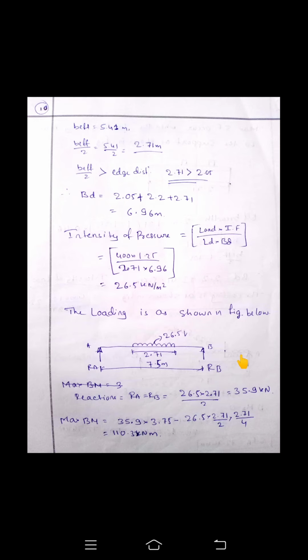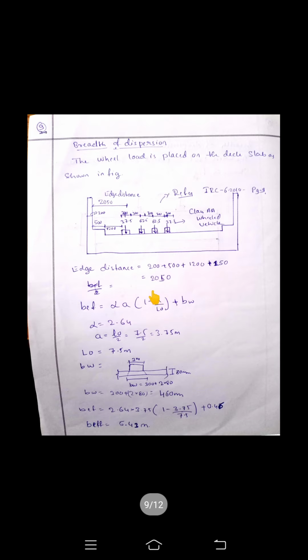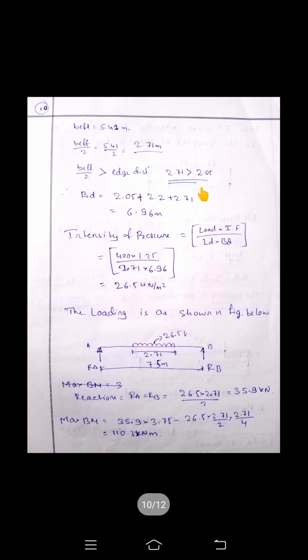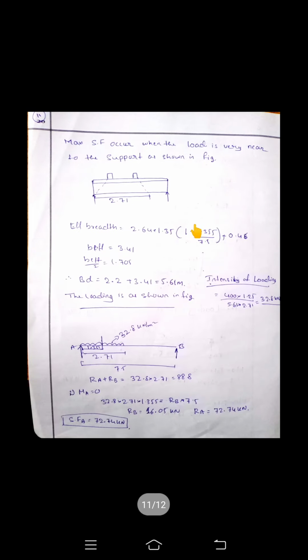If b effective by 2 is greater than the edge distance, what is your edge distance? We have calculated it as 2.050. So our BD is equal to 2.05 as edge distance plus 0.2 plus 2.71. I think I have not drawn the figure here.